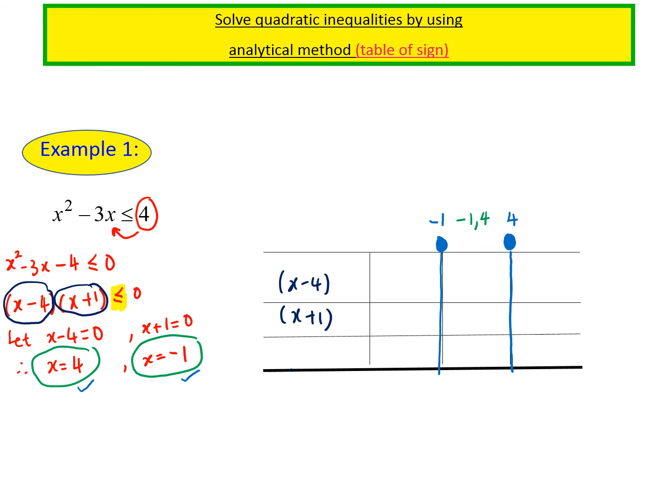The point at -1 is closed, so the bracket here is closed. The point at 4 is also closed, so the bracket here is closed. Then the next interval will start with number 4 and continue until it approaches positive infinity. The point is closed, so the bracket is closed here. Infinity will always give me an open bracket.